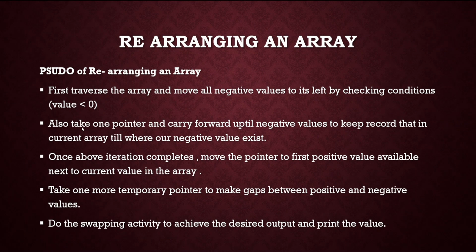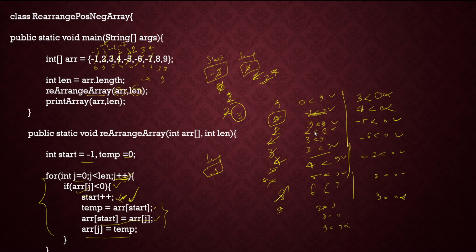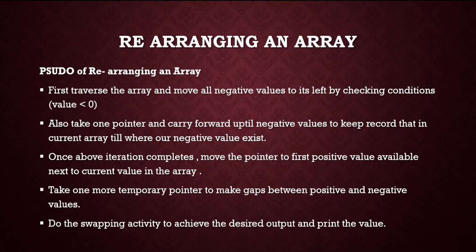So here you can see in the pseudocode also, take one pointer and carry it forward up till the last negative value. If you know where your last negative value is, then you will get to know where your positive value is available. Otherwise you need to traverse that particular array again, and that will cost you.